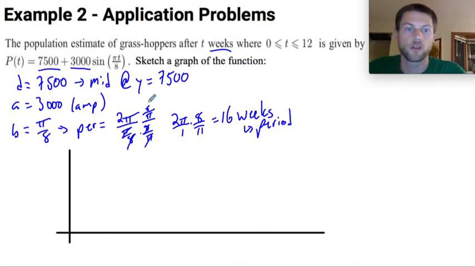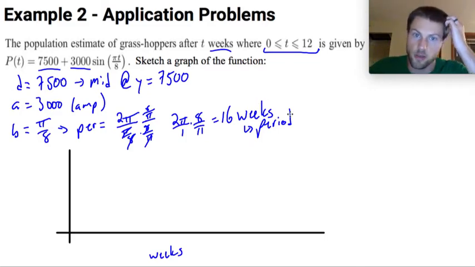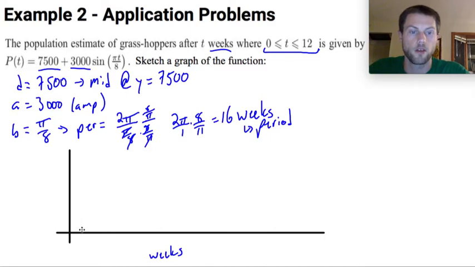On the x-axis, I'm going to call this weeks. Now here's an important piece of information. I'm graphing this only from 0 to 12, so already I can see that I'm not going to go through a full period. And that's okay. So that's 0, 1, those are my 12 weeks.